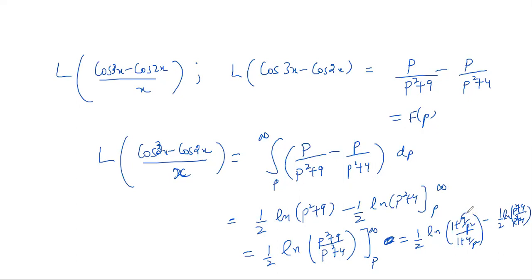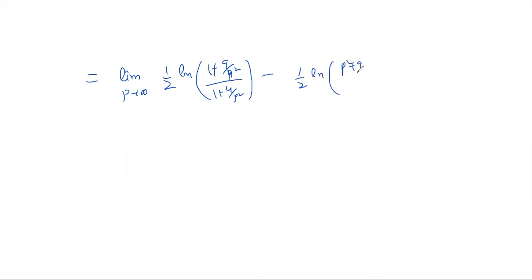So these terms will go to 0 in the first. Let me write on the next page. So this is the limit p going to infinity of half log of (1 plus 9 by p square) by (1 plus 4 by p square), and the second term is retained as such.